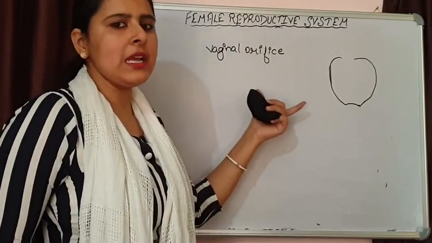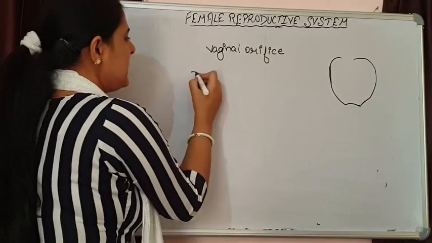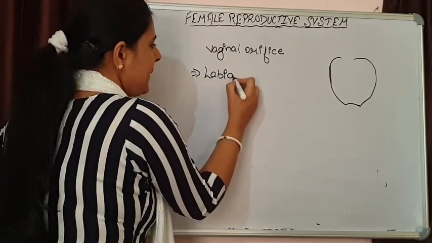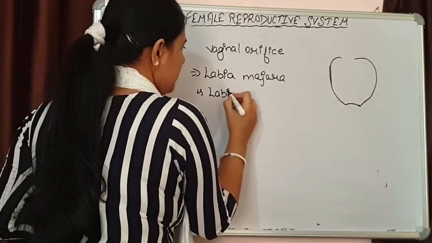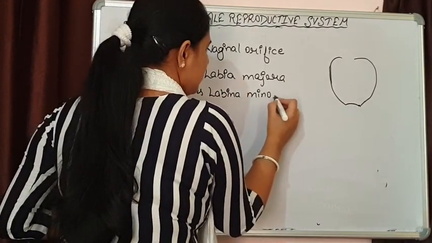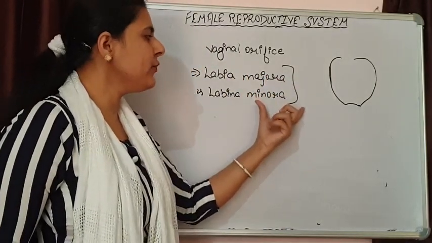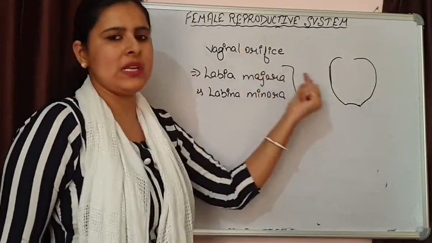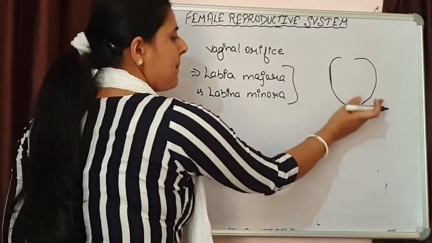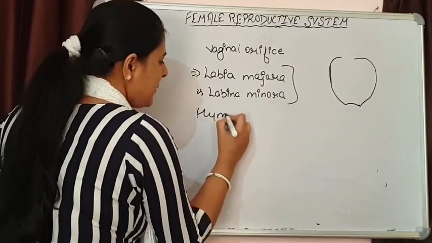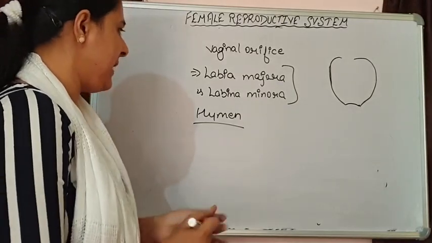Now the vagina has different structures surrounding the vaginal orifice, like labia majora and labia minora. These are two skinny folds, and these skinny folds surround the vestibule or vaginal orifice. Other than this, there is a membrane present, that is the hymen, and this membrane is basically found in virgin females.